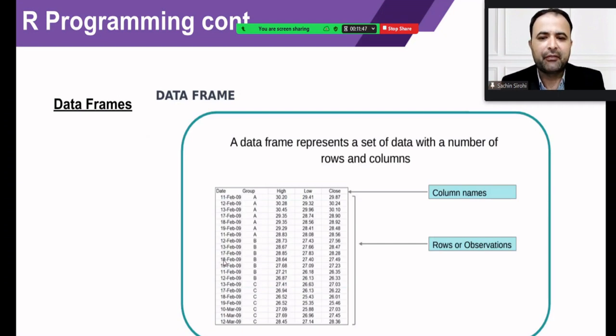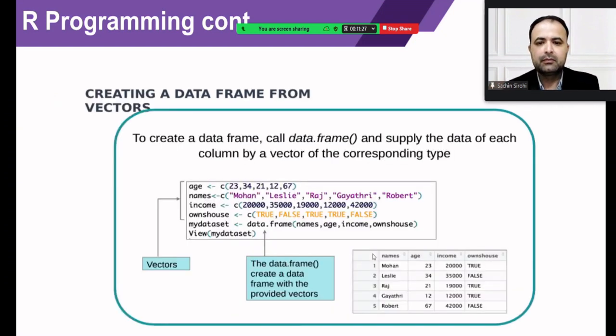Now it is the data frame. A data frame represents a set of data with a number of rows and columns. So it is just a table. We have data column-wise, and it is just a row. So the data frame represents data in a number of rows and columns. It is a nice example of this. I have created age and name.